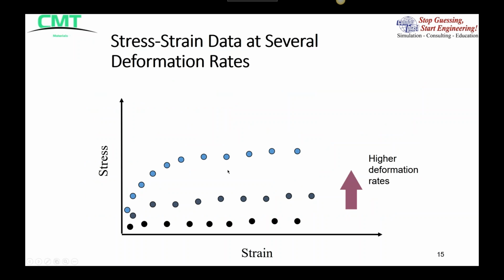Now, the way we obtain data for this model is we need to do stress-strain deformation experiments in which we take the material and we stretch it slowly and measure the force required to stretch it slowly. Then we stretch it a little bit faster and measure the force required to stretch it, and then stretch it even faster and measure the force required to stretch it over time.